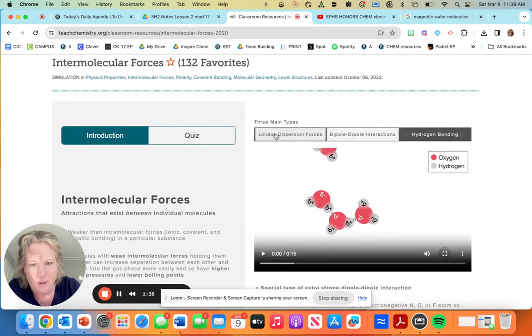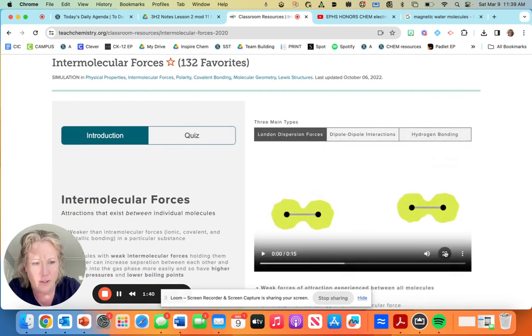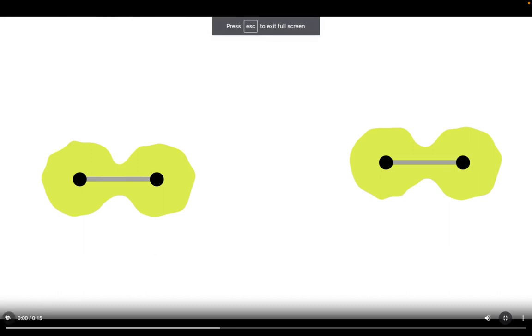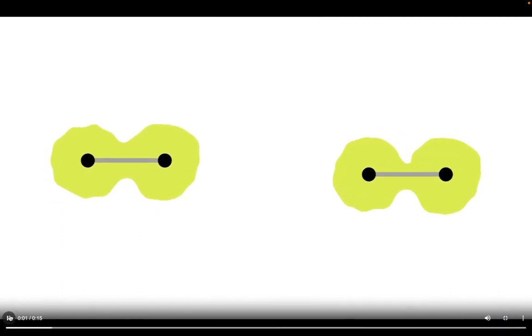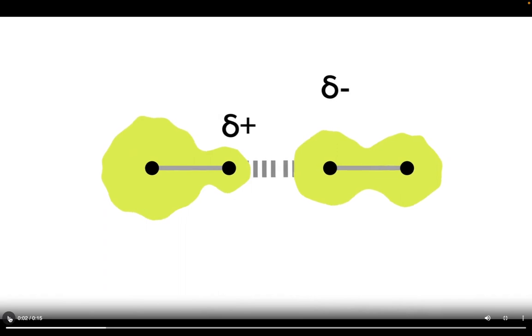So let me start with London dispersion forces. This represents a diatomic molecule like hydrogen or chlorine. At any given moment, the electrons can congregate on one end or the other of the molecule, giving it a temporary dipole.